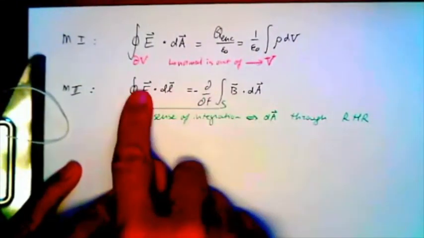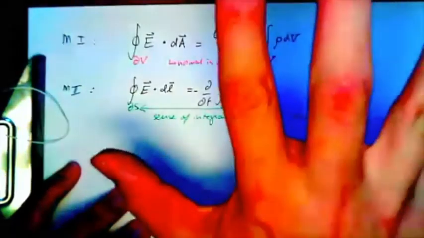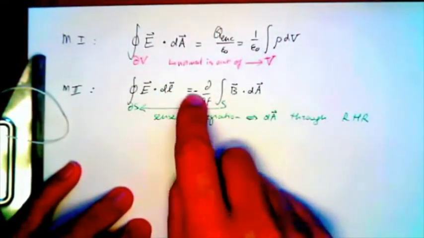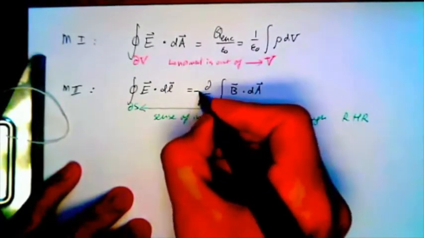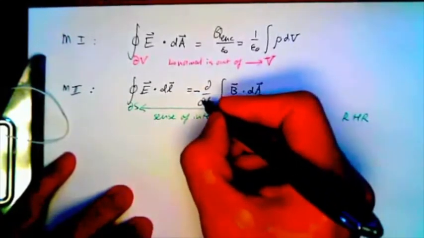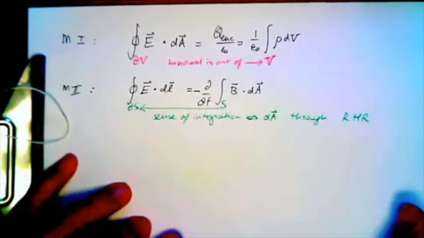So if we go in this direction, fingers go in this direction, that means we're picking dA this way. And that's why we can unambiguously assign a minus sign here, because otherwise we could say we don't really quite know which way it's going to circulate. All right, that's Maxwell 2.